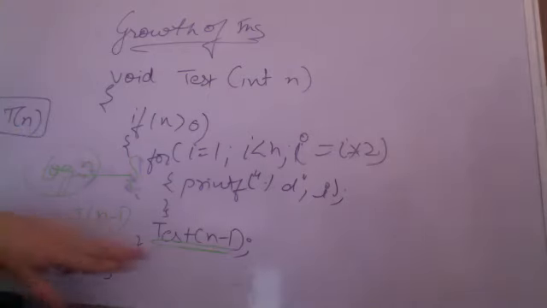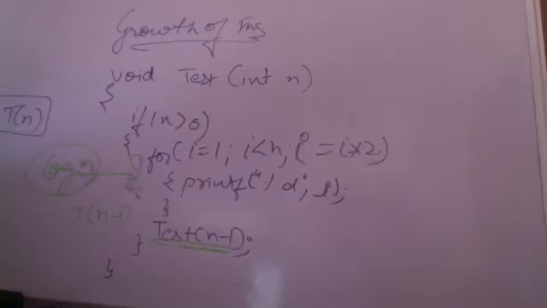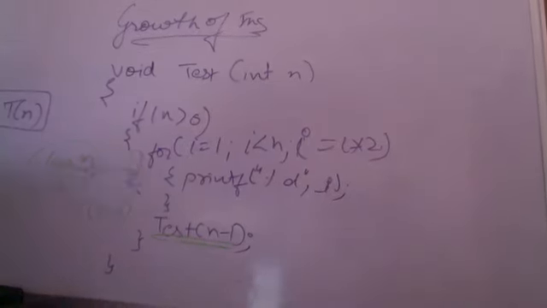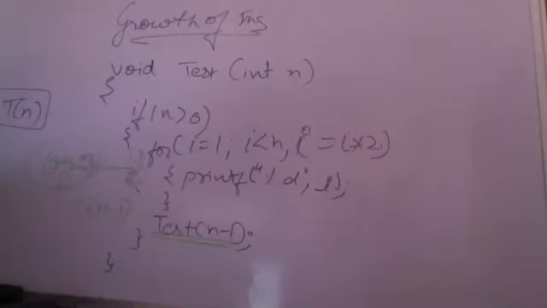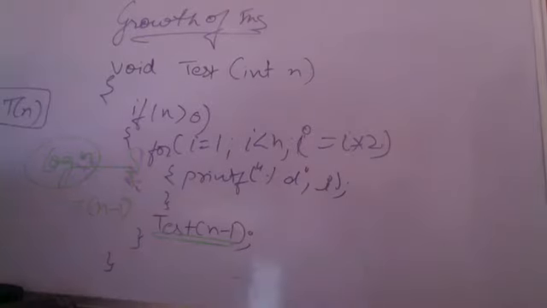So T of n minus 1 time will be taken by this statement. Am I clear to all? In case you are not able to understand, please stop and ask.